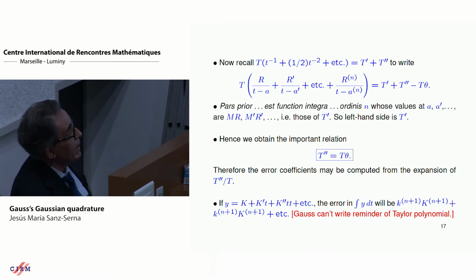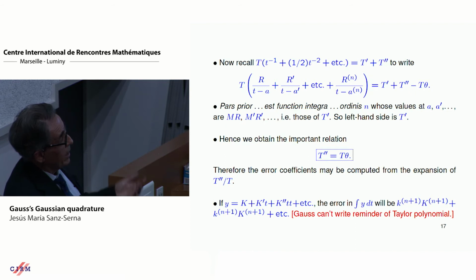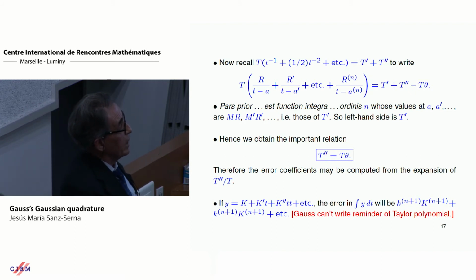But then he notes that the left-hand side is what he calls an integral function, we would say a polynomial of degree n, whose values at a prime, as he had computed before, are m times the weights. But those are precisely the values of t prime.